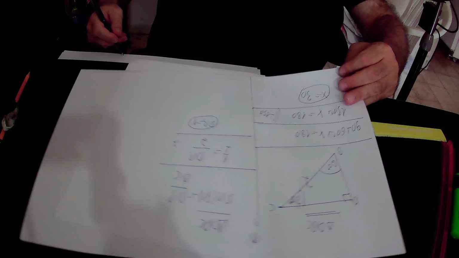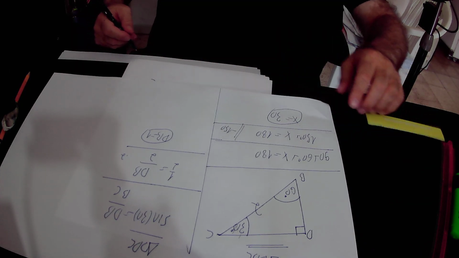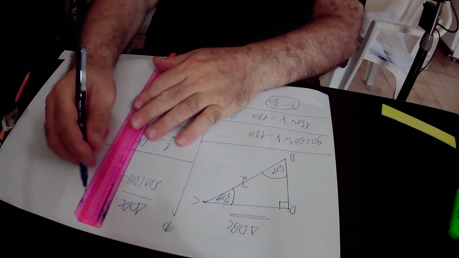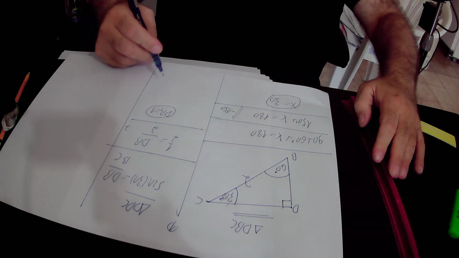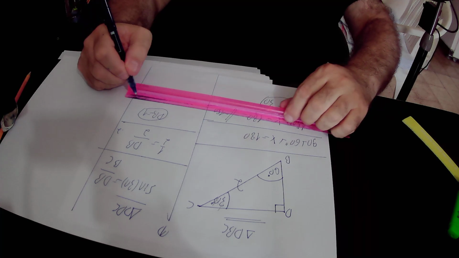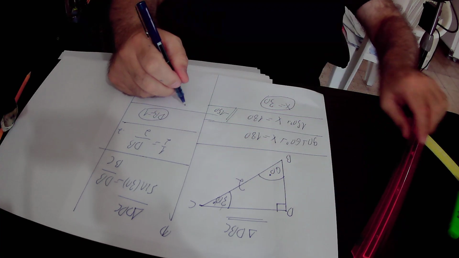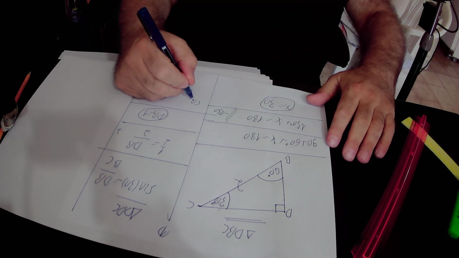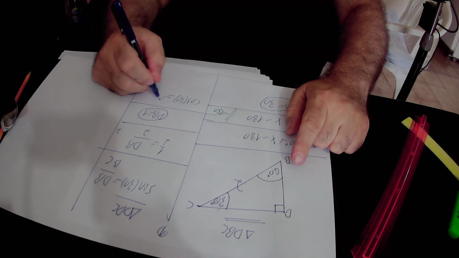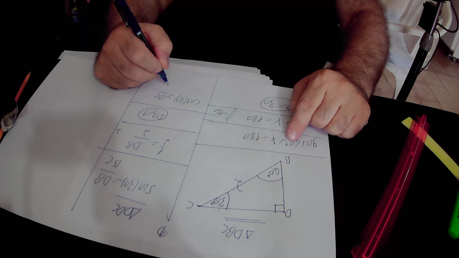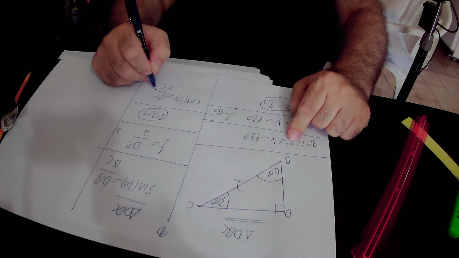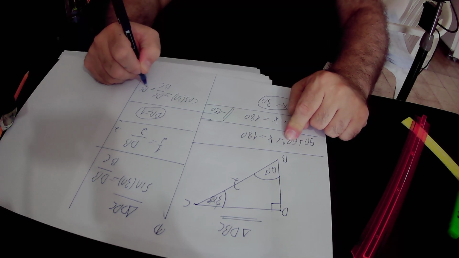We'll continue to focus on the right triangle DBC. In the right triangle DBC, cosine 30 degrees is equal to DC over BC.